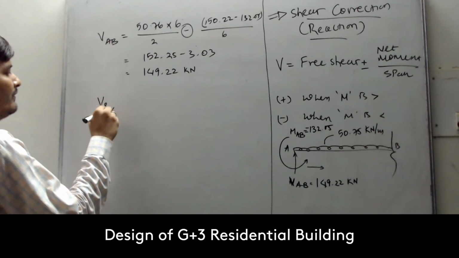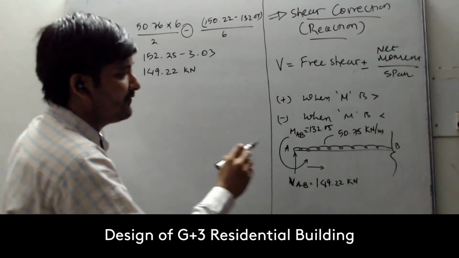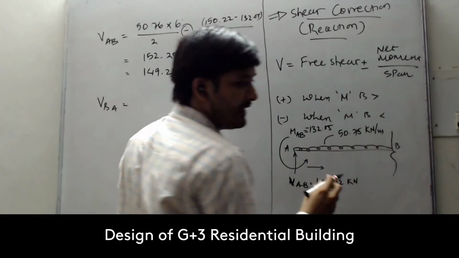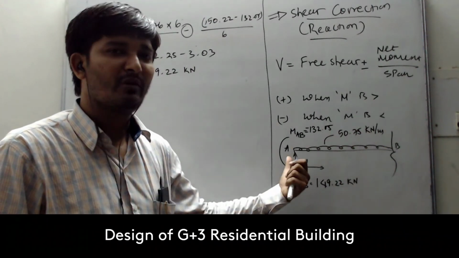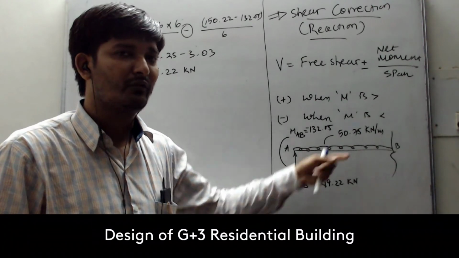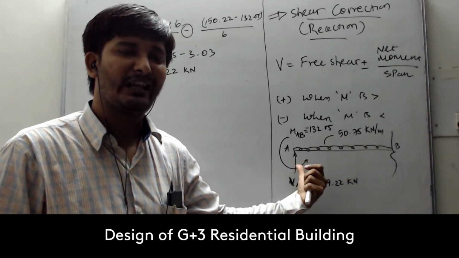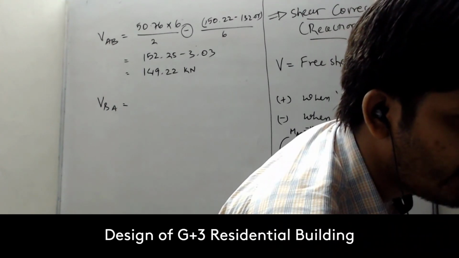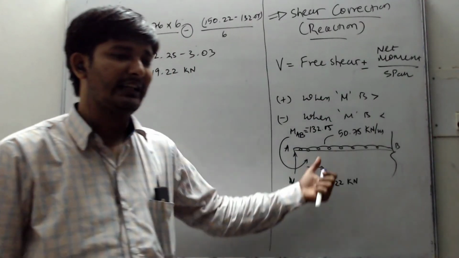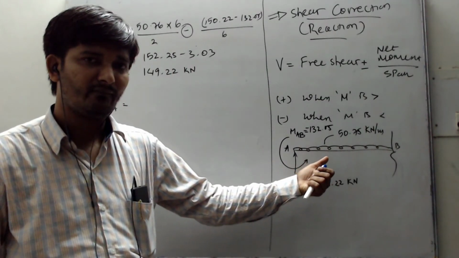Same case, if we consider VBA, what is my moment at B point? B point moment is 150, A point moment is 132. So B point moment is greater than A point, so there will be a plus sign here.